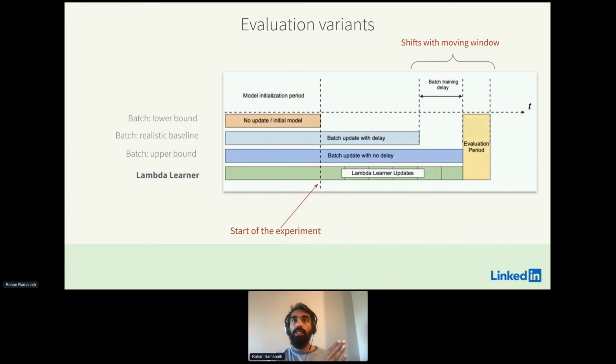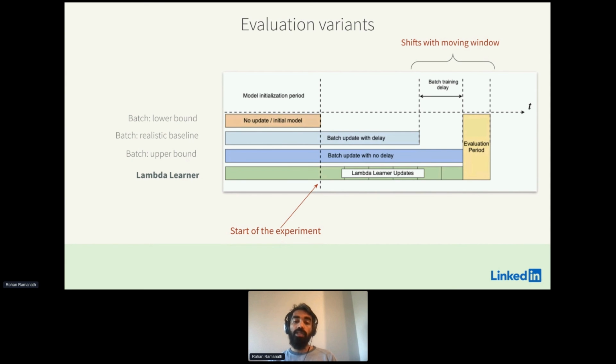Left is the oldest data, right is the newest data, and the left data is available to all of the models. In Lambda Learner's case, this data is used to train the prior model. The rightmost data is used for evaluating all of those models, and that's the evaluation period. The middle segment is where all the models differ. The first model, the batch model, is not updated at all, so the middle segment has no data updating the model.